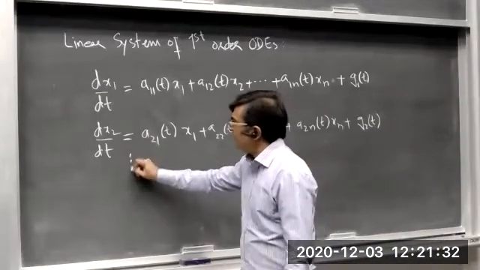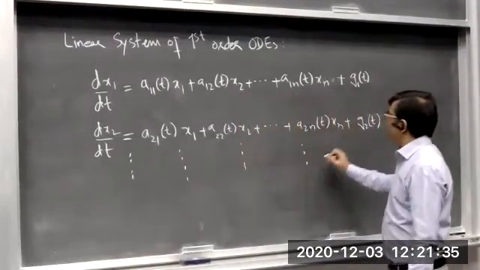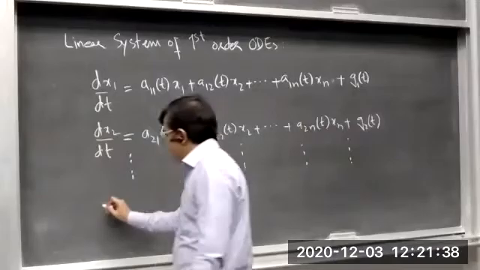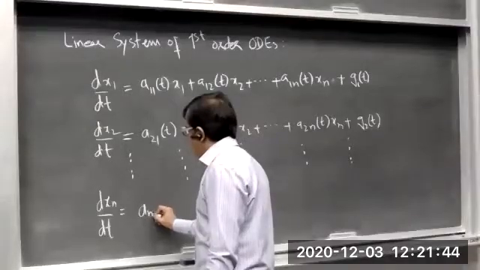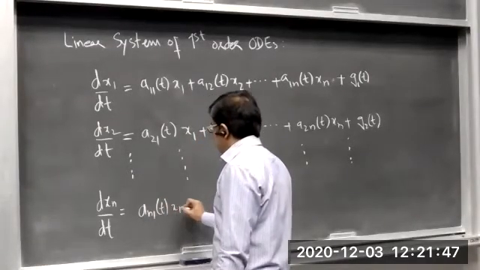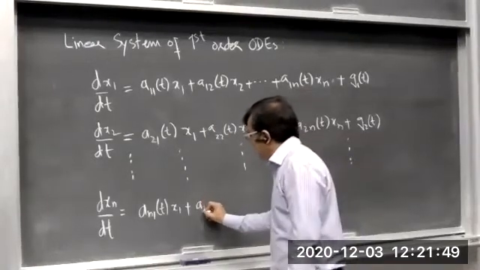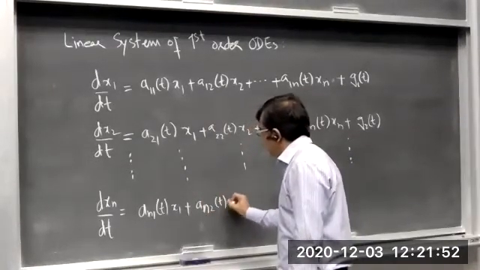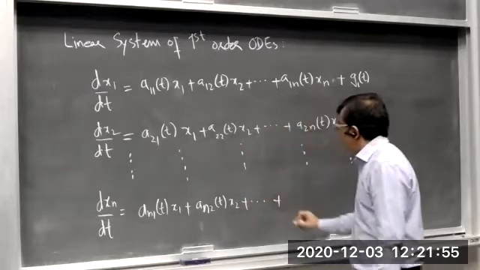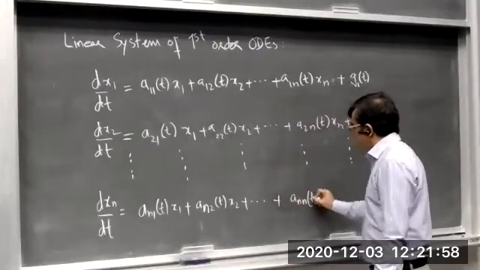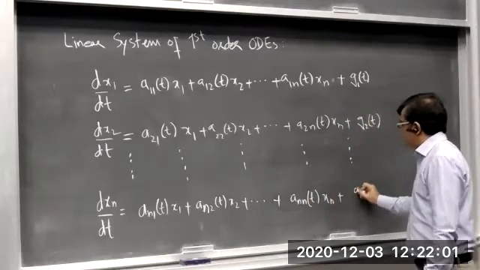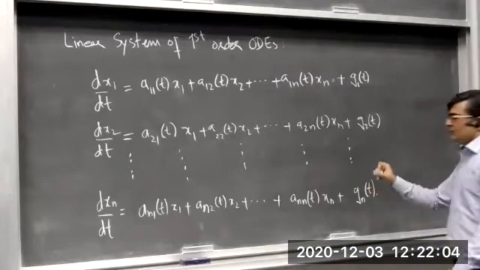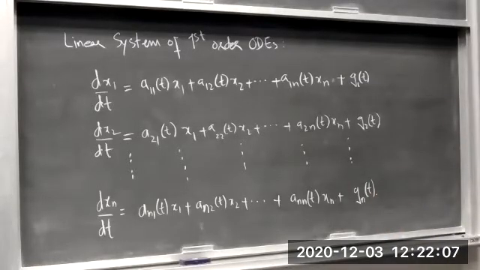Every term we will generalize it, and we can write dxn by dt is equal to an1 of t x1 plus an2 of t x2 plus so on plus ann of t xn plus some gn of t. So this is your linear system of first order ODEs.